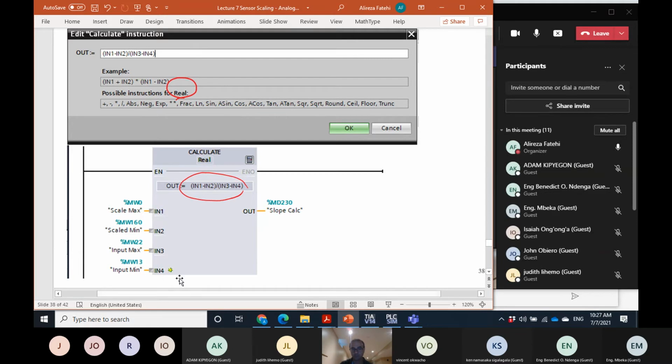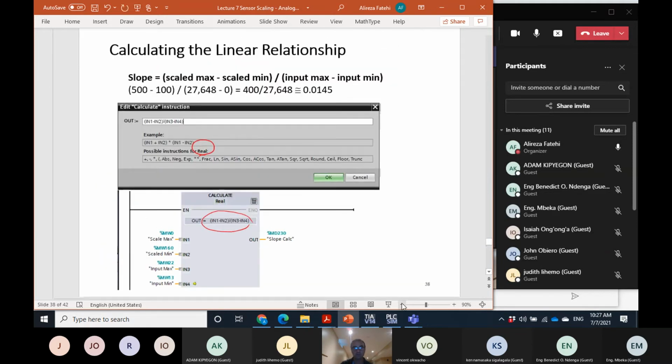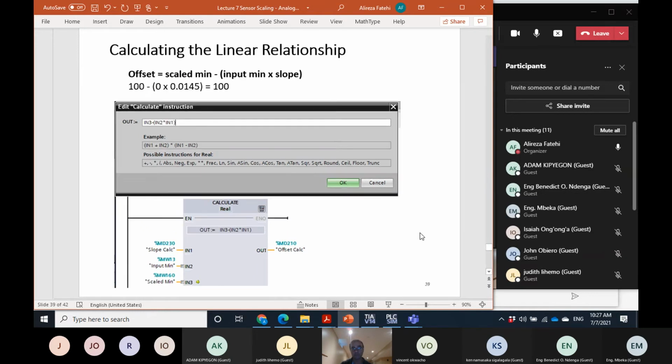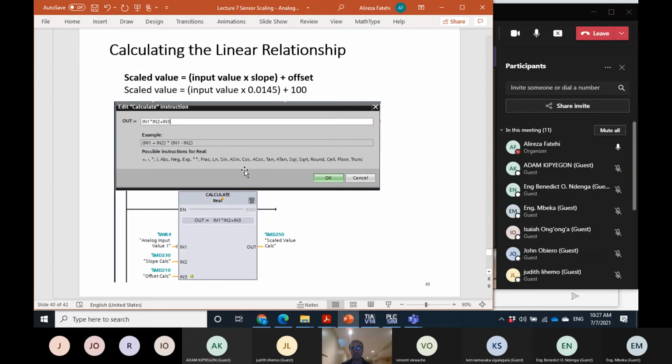So this is for the slope. Then similarly for the offset, just one formula. And finally, for the scale value, it is this.